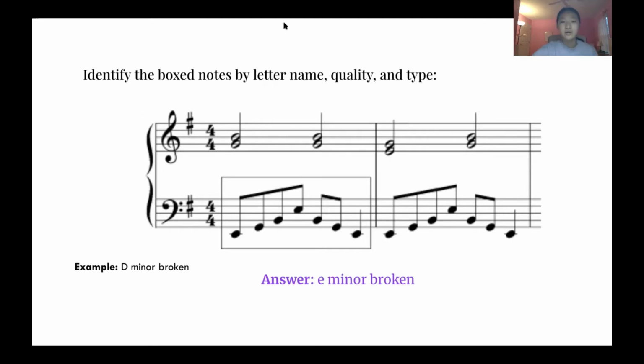This might be kind of hard, but if we can read bass clef, we can figure out that this note is E, this note is G, and this note is B. If you are familiar with your scales, you can tell right off the bat that this is an E minor chord. If not, you can assess the interval between the bottom 2 notes, E and G, and you'll find that it's a major third.